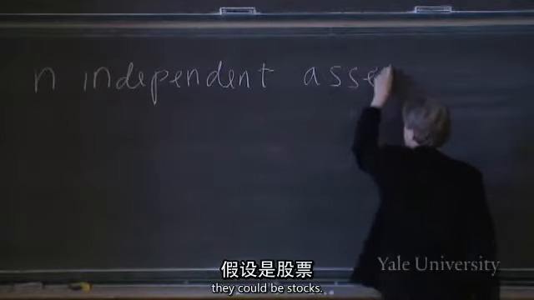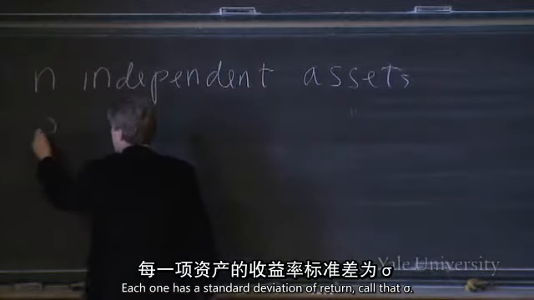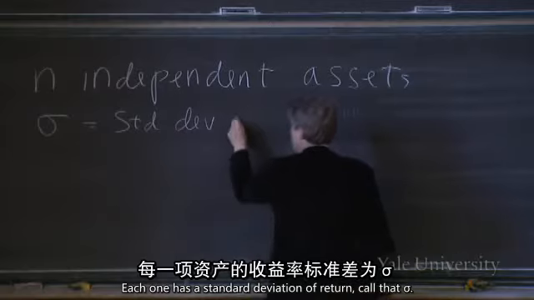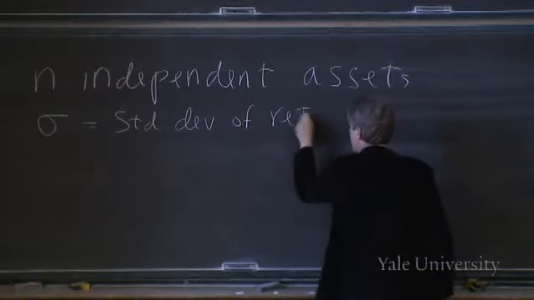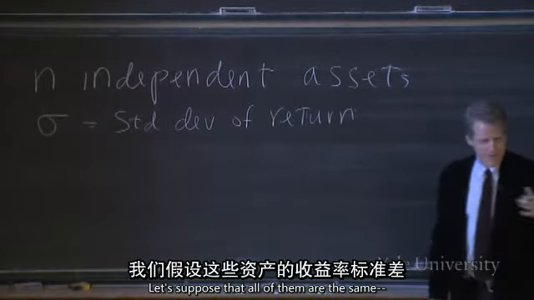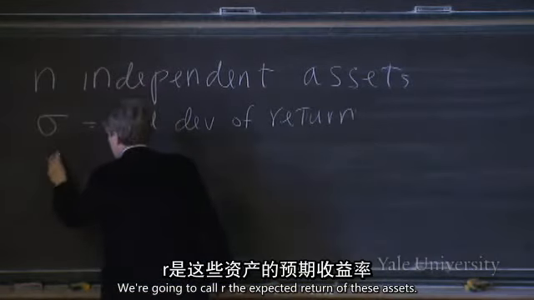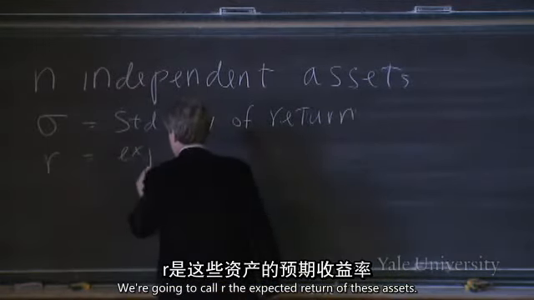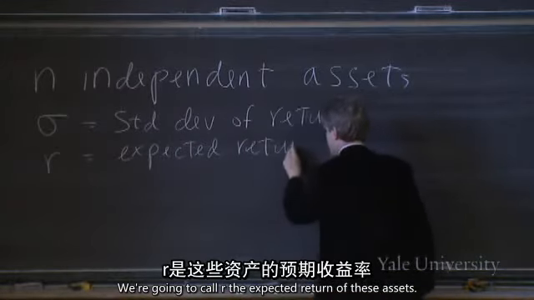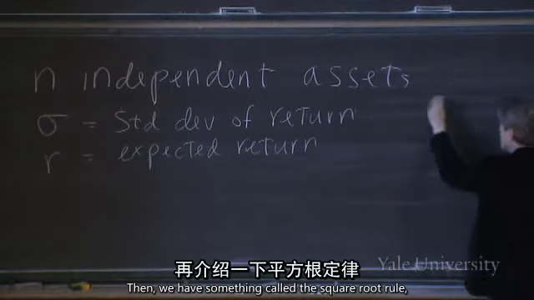Okay, they could be stocks. And each one has a standard deviation of return. Call that sigma. And let's suppose that all of them are the same. They all have the same standard deviation. And we're going to call R the expected return of these assets. Then we have something called the square root rule.